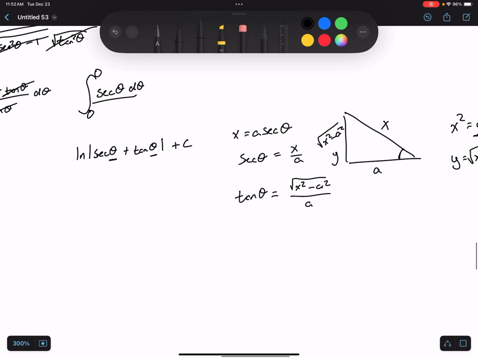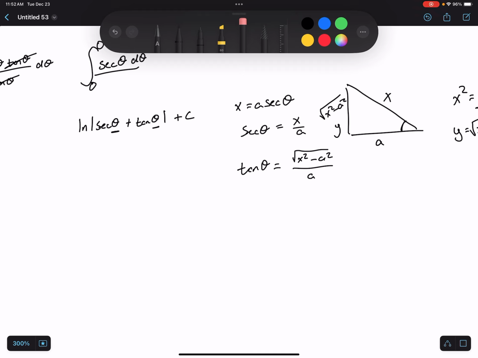And so finally, what we can do here is plug these values back in. We can say the natural logarithm of the absolute value of x over a, plus the square root of x squared minus a squared over a, adding that constant at the end. And this is technically the result of our integral.